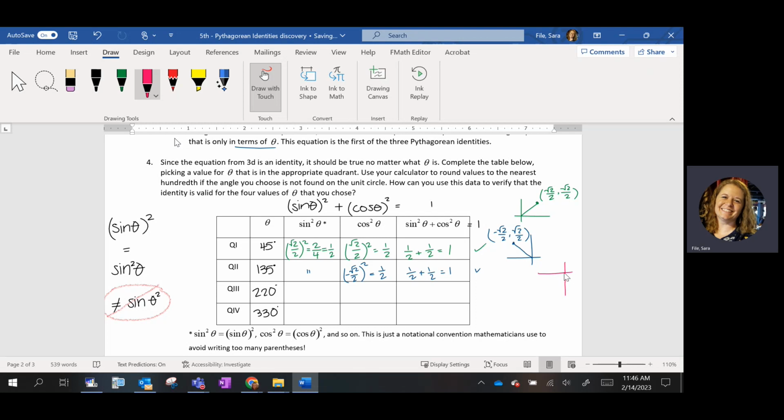220, that's only 30 degrees. We have 180.